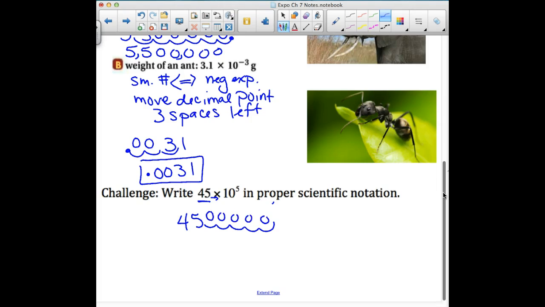Now, if we wanted to put it in proper scientific notation, we want our decimal to be right there. So we're going to write this as 4.5, and then how many spaces did we have to move? 1, 2, 3, 4, 5, 6 to get that decimal to land in the right spot. So that would be the correct scientific notation for that.